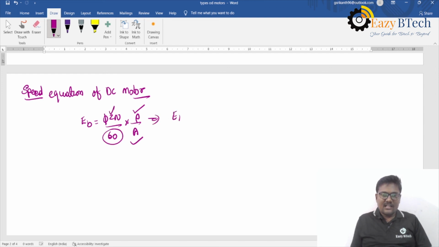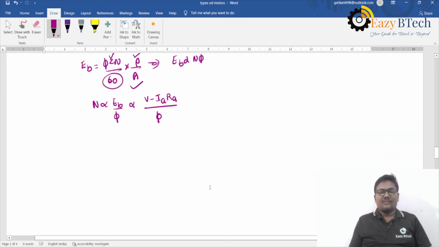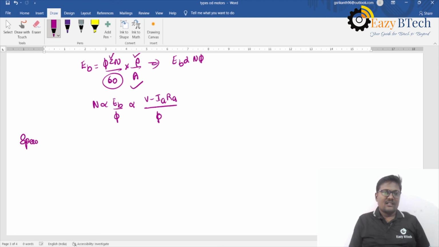I can write it as EB is directly proportional to N phi, so N is directly proportional to EB divided by phi, and EB is equal to V minus IA RA. For different types of motors, either flux is constant or IA is a variable. So we will see in the characteristics. This is a generalized equation.